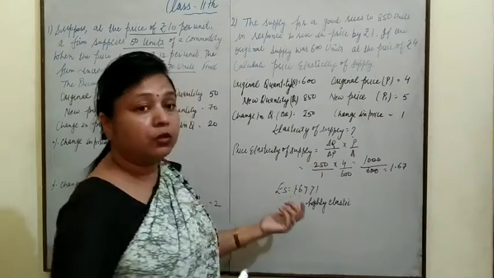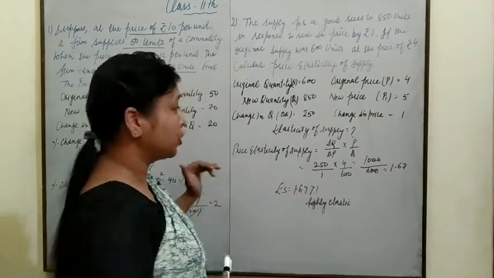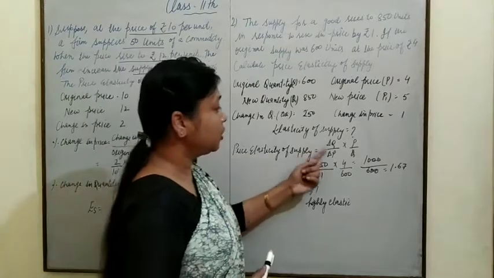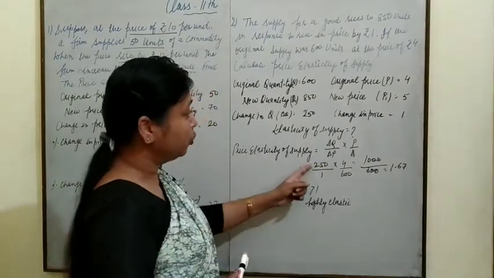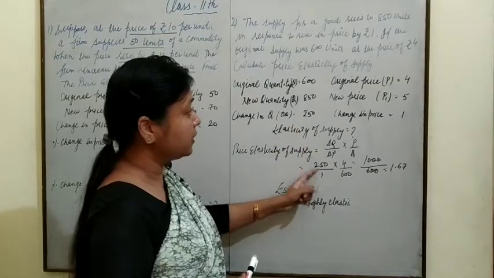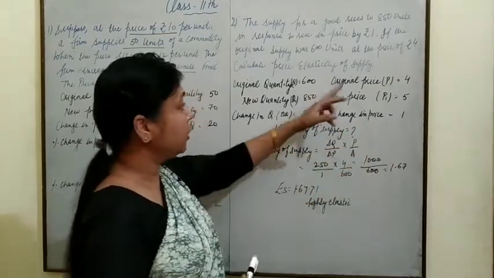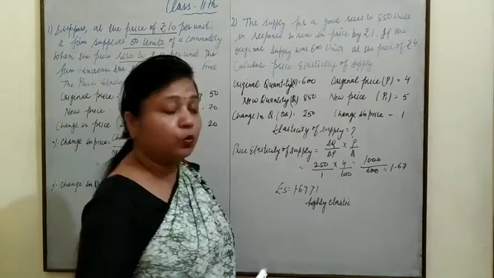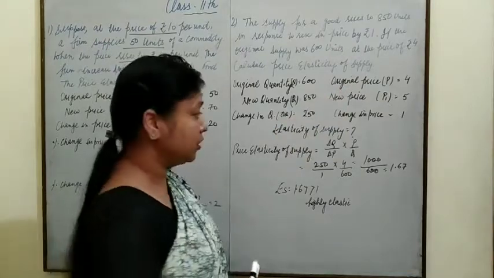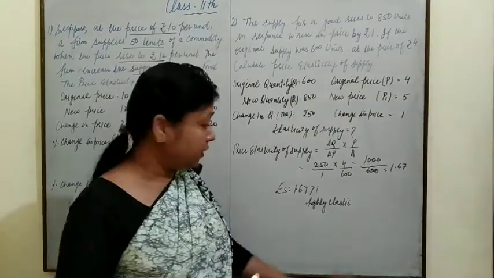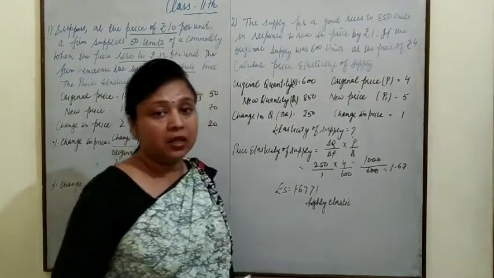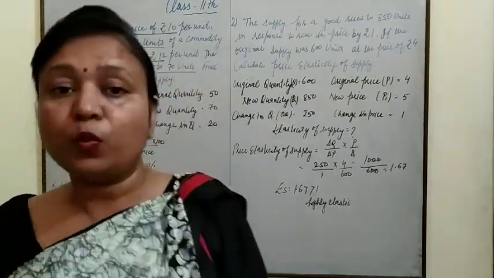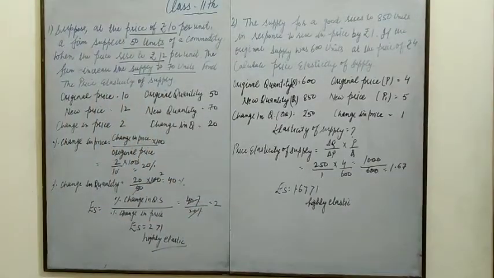We can find the elasticity by the proportionate method. Change in Q upon change in P, multiplied by P by Q. 250 change divided by change in P, 1, multiplied by initial price P and initial quantity 600. So it is 1.67, that is greater than 1, so it is highly elastic. So we can solve all the numericals with both the formulas.